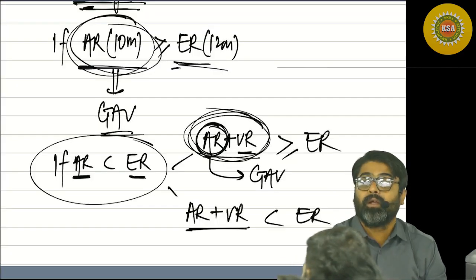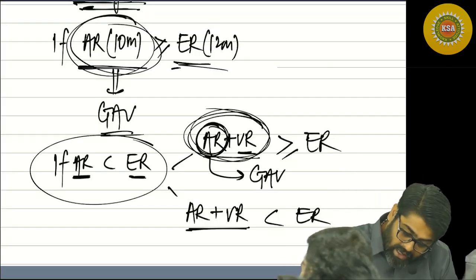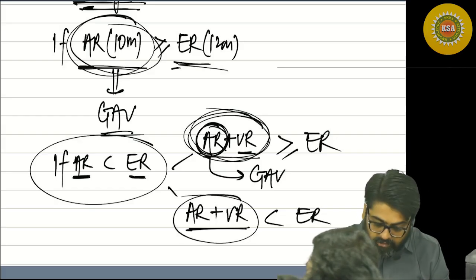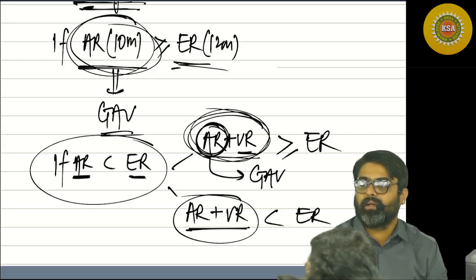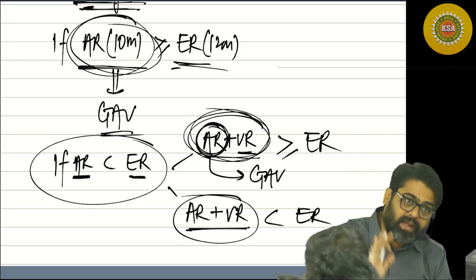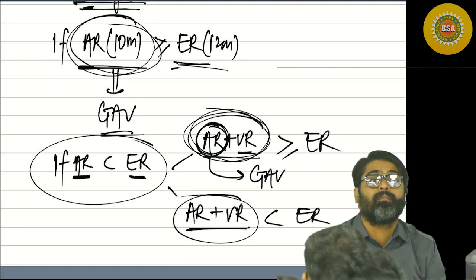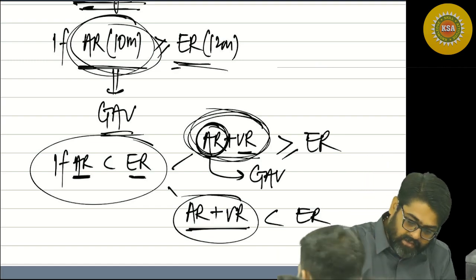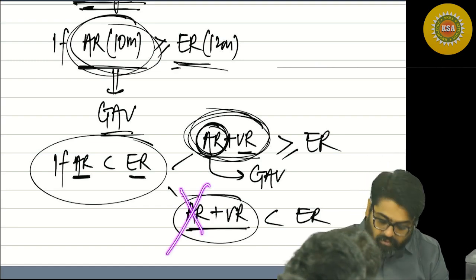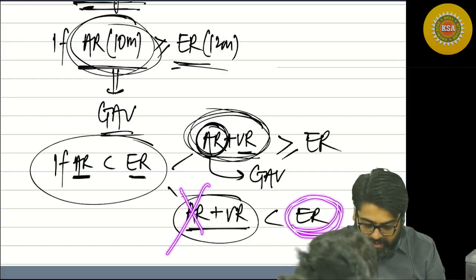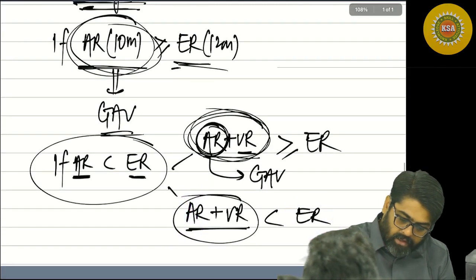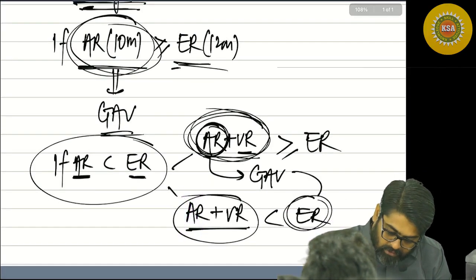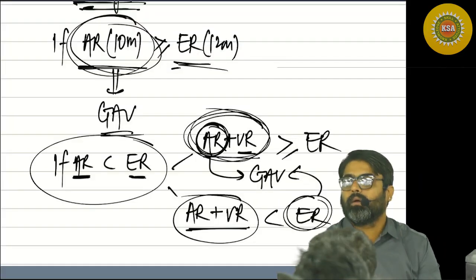Getting my point? So in that case, if the total is less than the expected rent even after adding the vacancy rent, your actual rent will be ignored and the expected rent will become your GAV. Got it, sir? Hello?